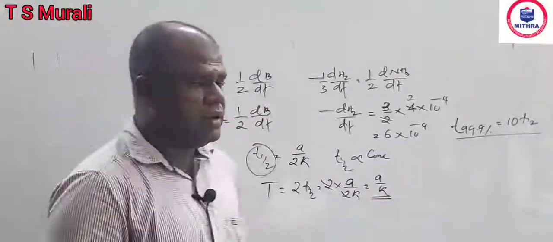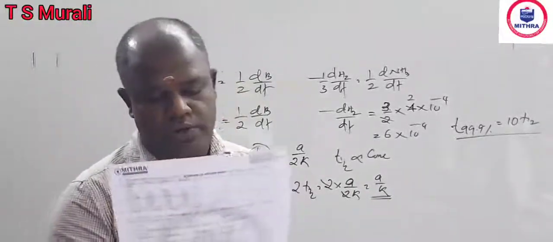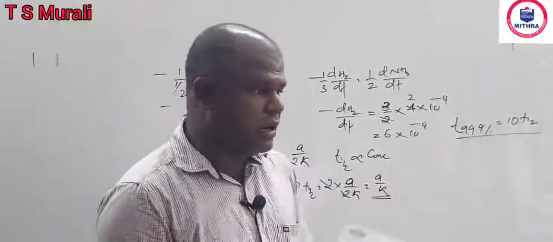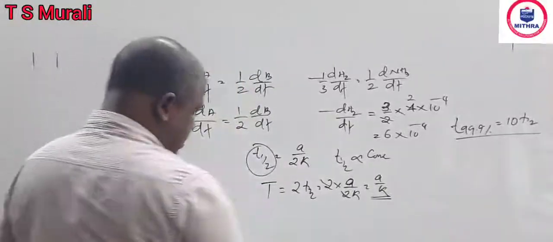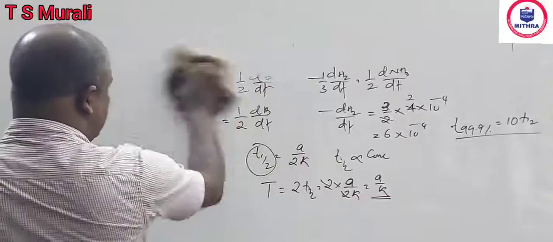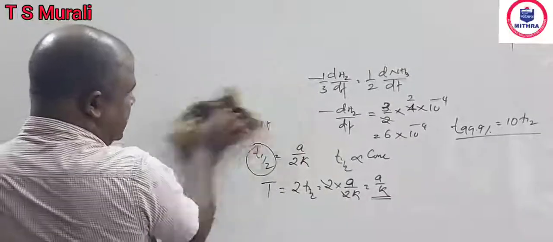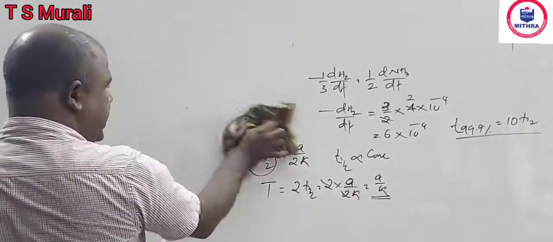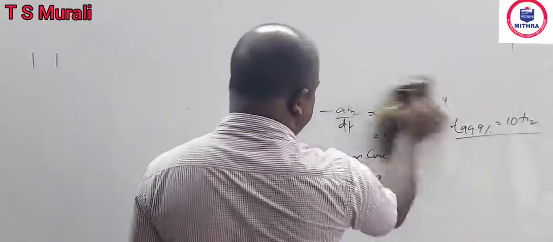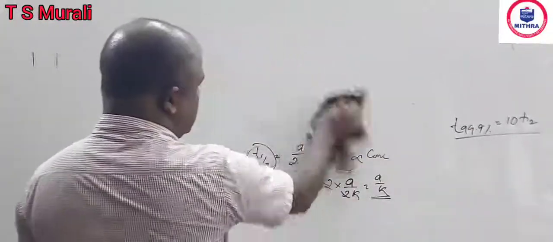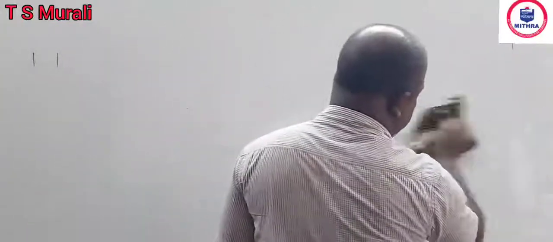Initial concentration divided by the rate constant is the total time required to finish the reaction. That is applicable only for zero order reaction. Don't take this concept to any other order. First order, another idea. Second order, a new idea. Each and every order has different concepts regarding the rate constant, expression for half-life, everything.